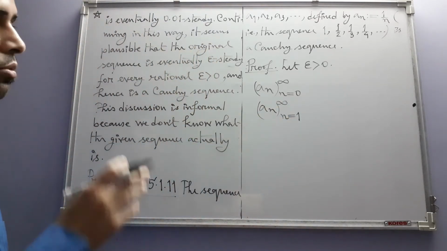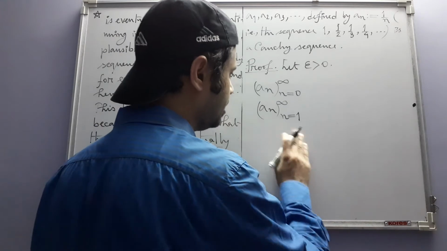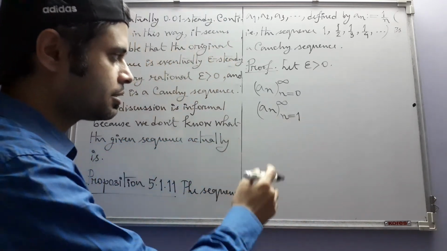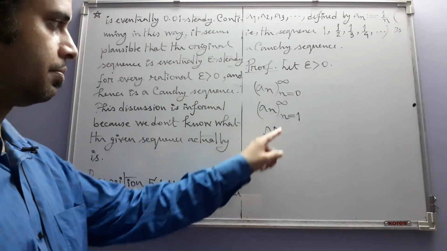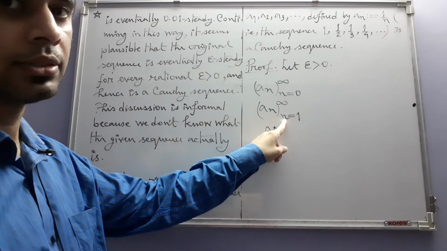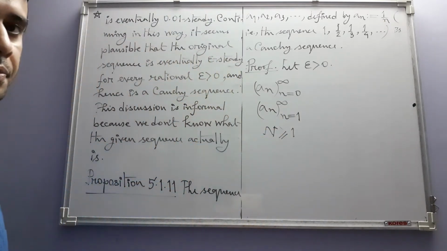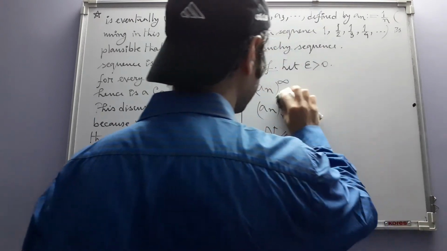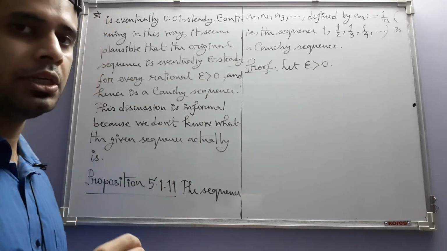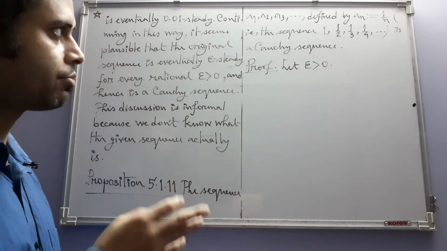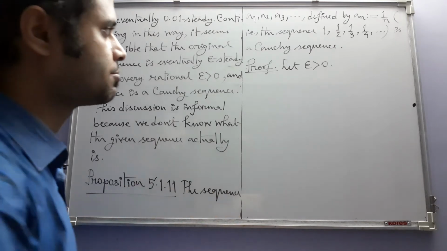So the value of capital N that we will need to show exists should also be such that it falls within this range where this small n, this index, is varying. In other words, this N also has to be greater than or equal to 1. So now we need to choose one such positive integer N, or we need to show that such an integer N exists, for which the definition of a Cauchy sequence will be satisfied. The conditions there will be satisfied.